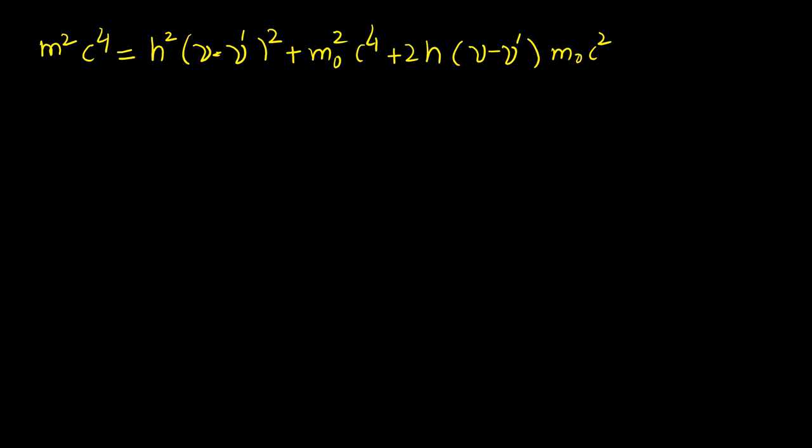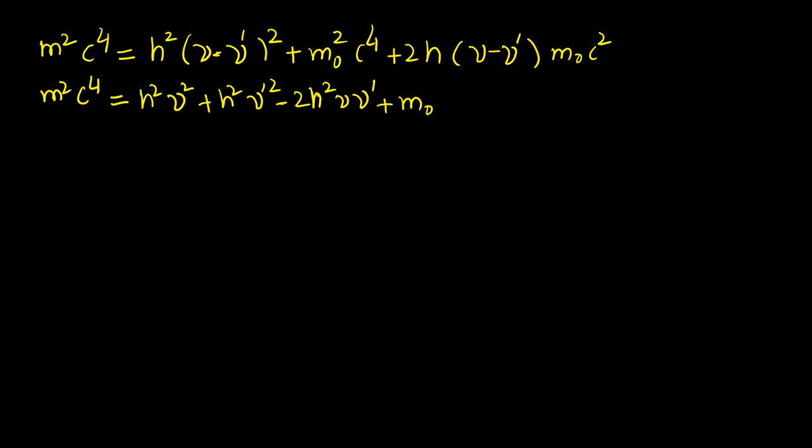Then we get this equation: m square c4 is equal to h square nu square plus h square nu dash square minus 2h square nu nu dash plus m naught square c4 plus 2h nu minus nu dash m naught c square.